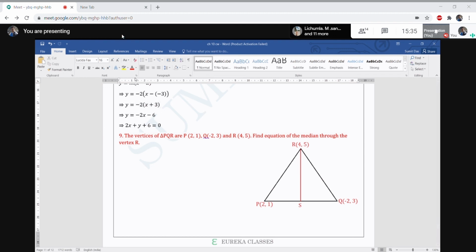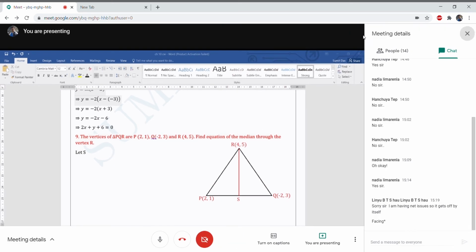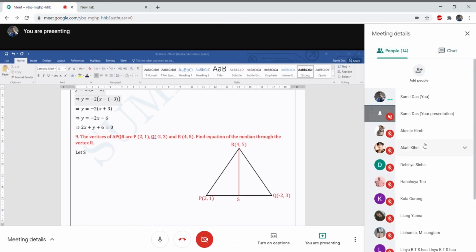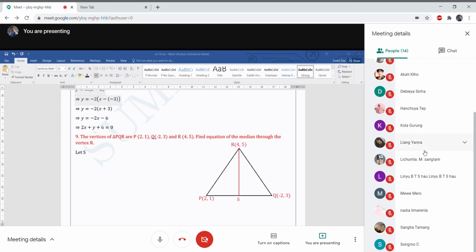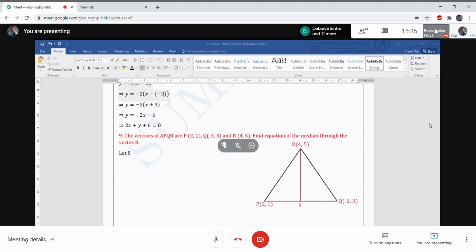Okay, how to do? Any idea? Anyone? What is the meaning of median? Let me know what is the meaning of median. Anyone please let me know. Fast. At least some reply.